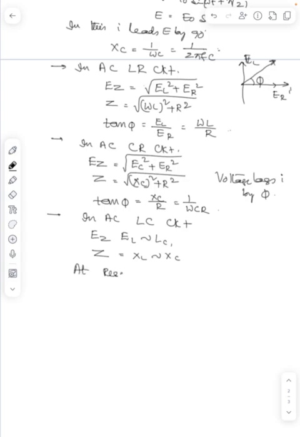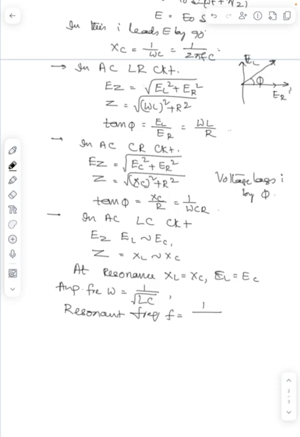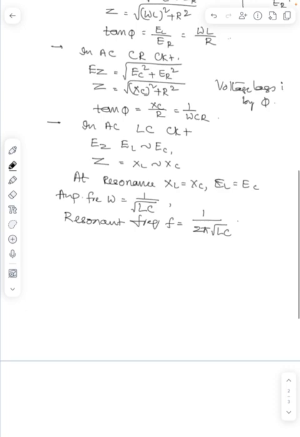At resonance, XL equal to XC, E L equal to E C, and angular frequency omega equal to 1 by root L C, resonant frequency F equal to 1 by 2 pi under root L C.